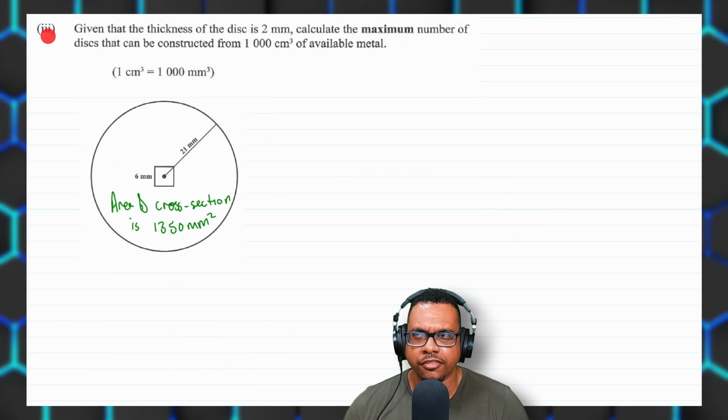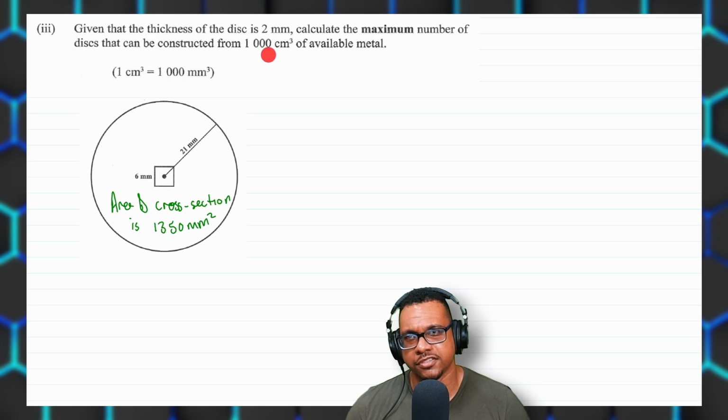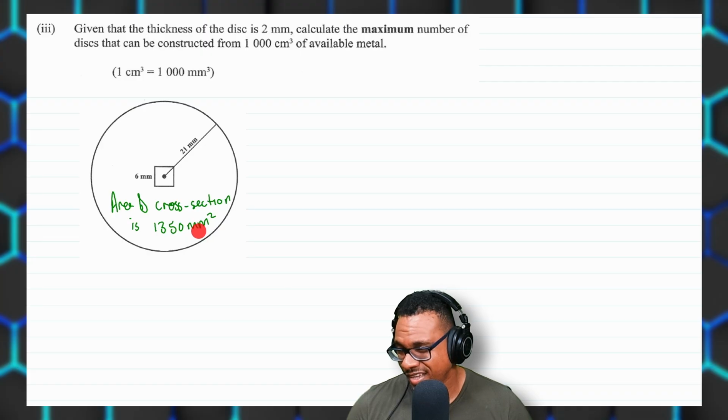So now for part 3 of the question, they say given that the thickness of the disc is 2 millimeters, calculate the maximum number of discs that can be constructed from 1,000 centimeters cubed. So this is volume, all right, of available metal. So they're saying that 1 cm cube is equal to 1,000 millimeters cube. Now remember, we calculated the cross section of this disc to be 1,350 millimeters squared.